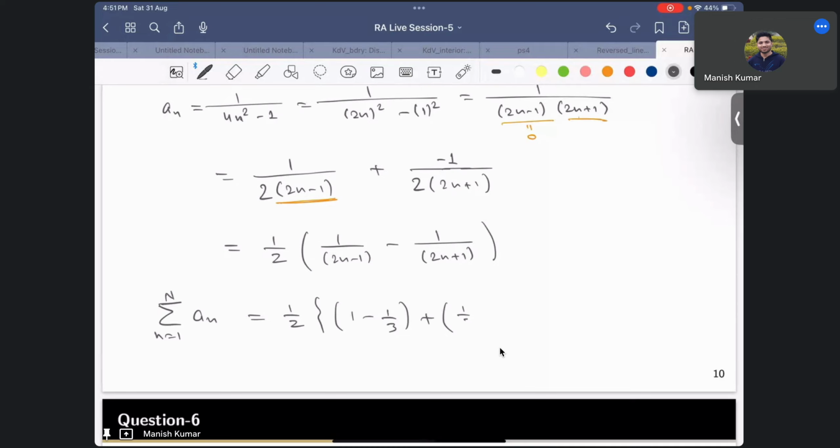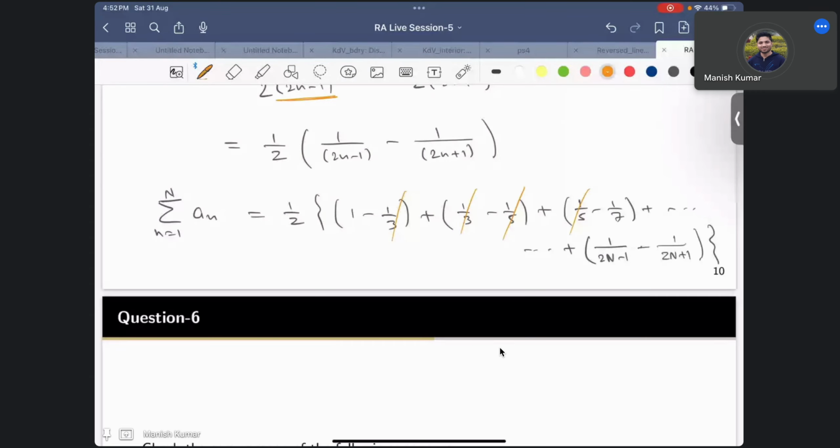This minus 1 by 3 cancels with this 1 by 3. This 1 by 5 cancels with this one, and so on. So you'll get just the first term and the last term. So eventually the sum of n terms will be half times 1 minus 1 by 2n plus 1.